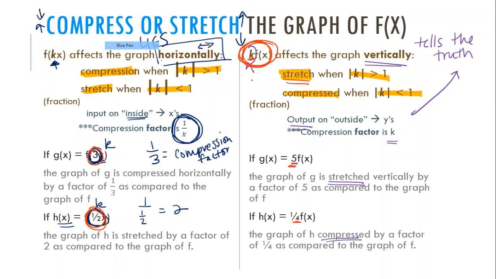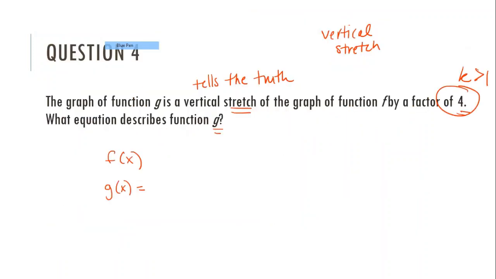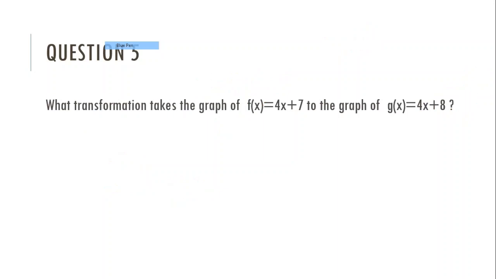That k is going to be out front. So my factor is 4, so 4 times f of x. That's it. That's the equation that's going to describe the function g in terms of f of x.